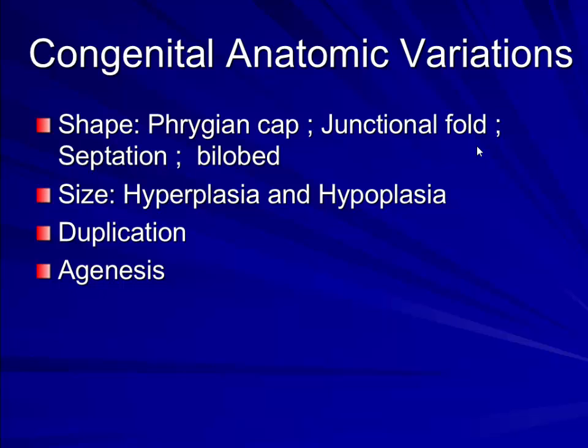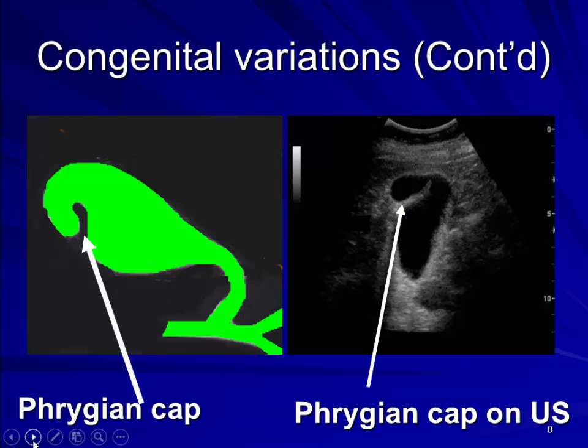Other uncommon congenital variations you may find include septation, bilobed gallbladder, hyperplasia or hypoplasia of the gallbladder, duplication, as well as agenesis of the gallbladder.